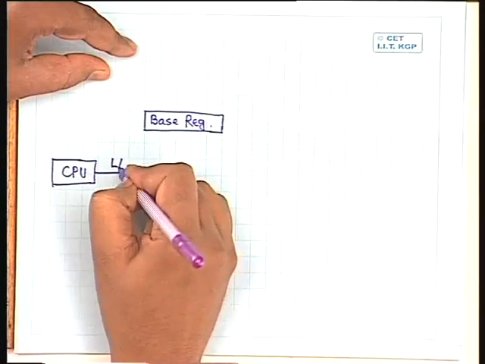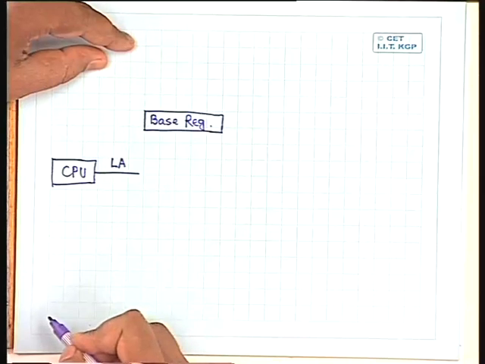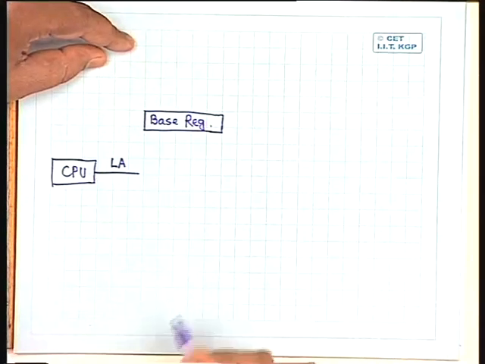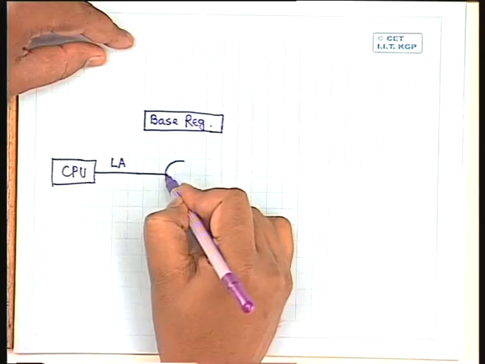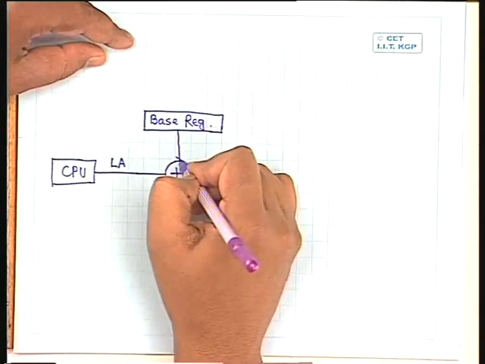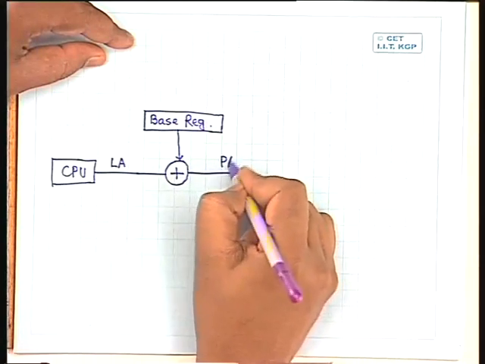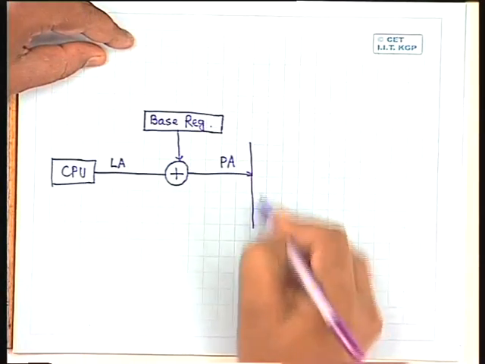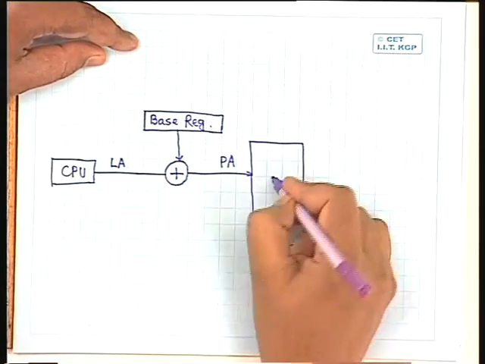Let me put it as LA, and this logical address can never be less than 0. It has to be 0 or more. Okay, so whenever the CPU generates the logical address, you will add this logical address with the base register content, and that gives you the physical address in the main memory where the instruction or the data will be found.